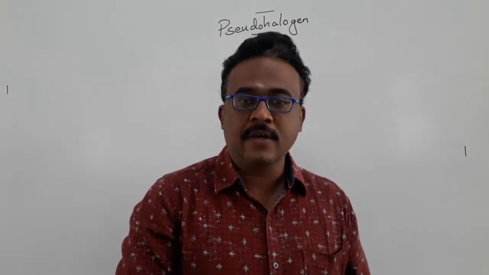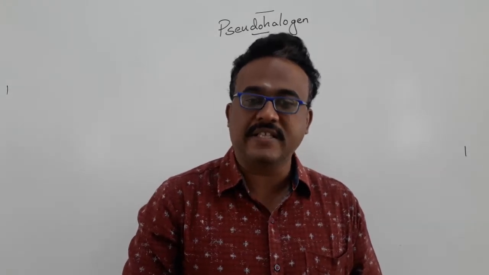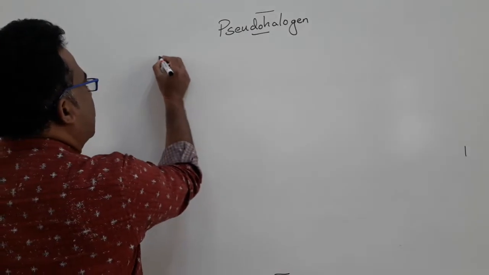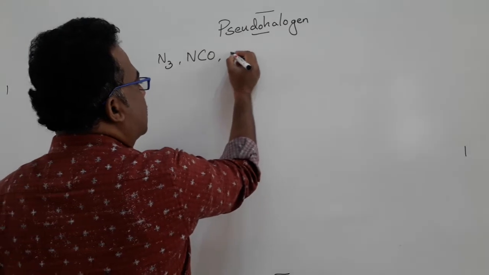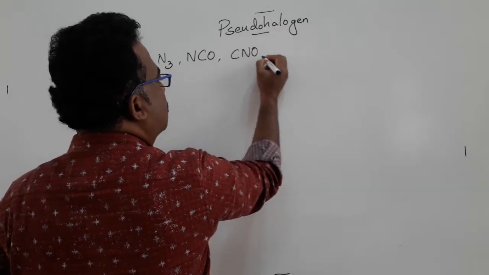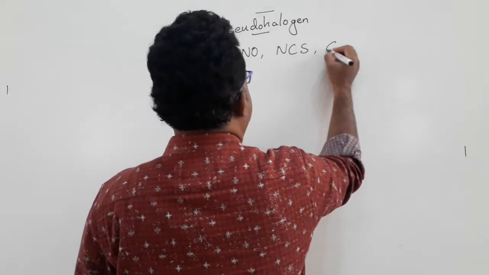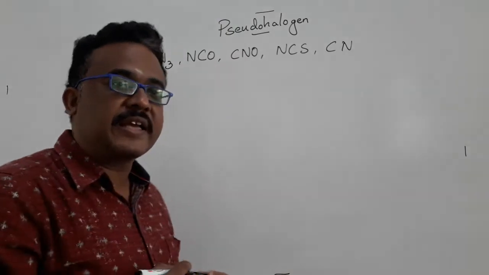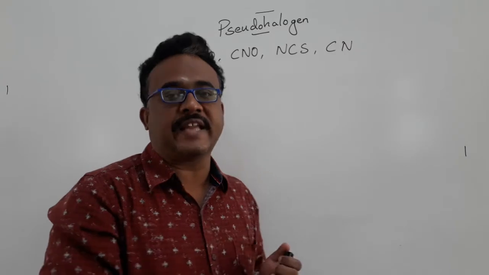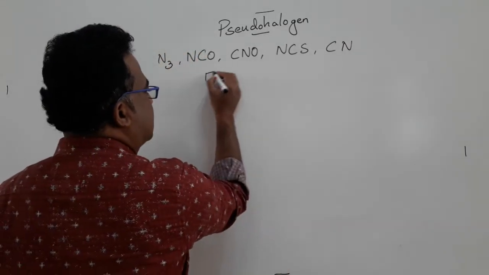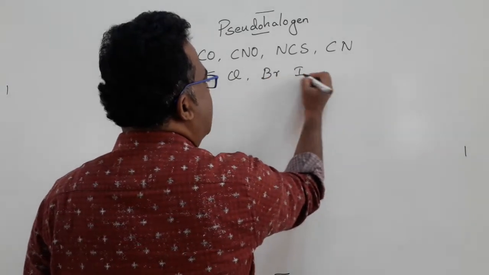In the case of some inorganic radicals or inorganic anions such as N3, NCO, CNO, NCS and CN, their behavior is closely associated with halogens such as fluorine, chlorine, bromine and iodine.